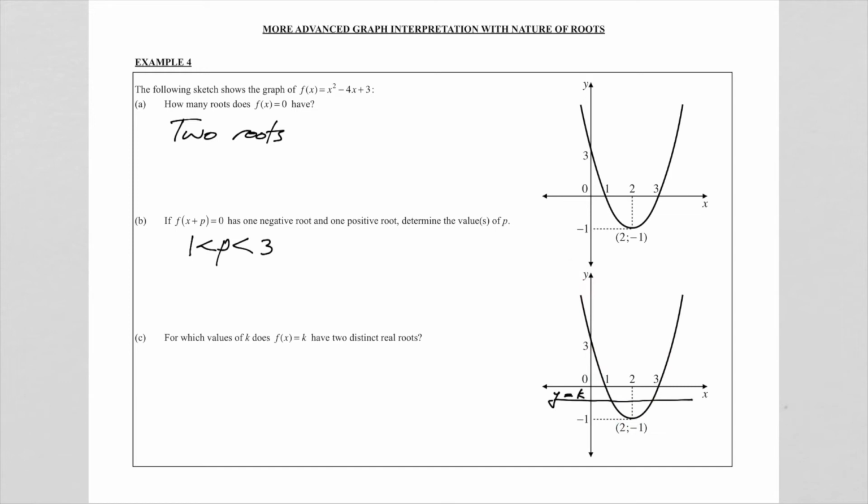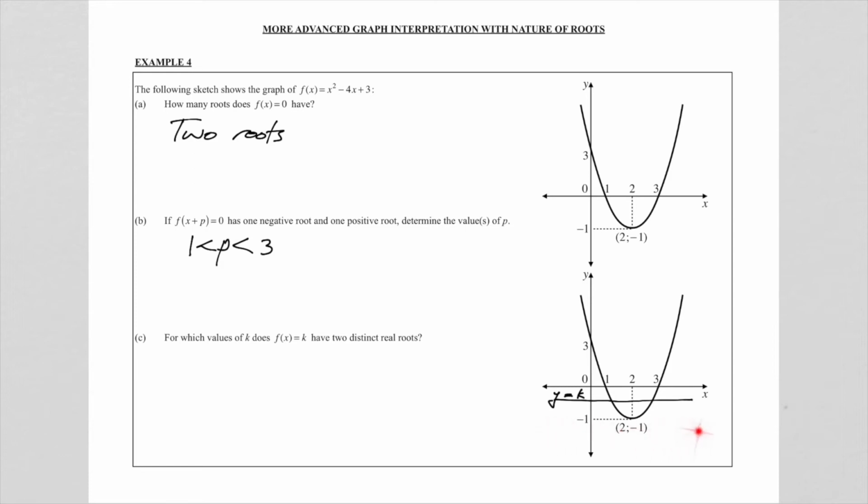So when you look at this horizontal line, think of moving this line up and down. If I draw this horizontal line right at the turning point, then you will notice there's only one solution because the line will only touch the curve. So that means equal roots.